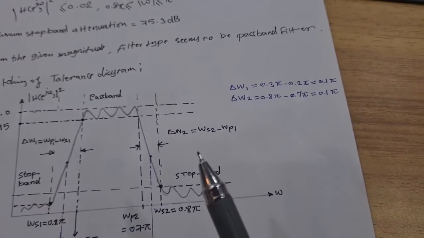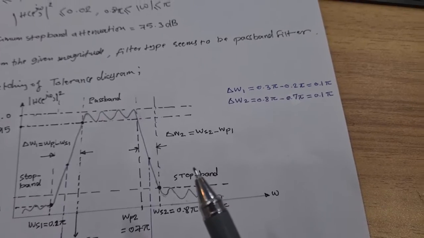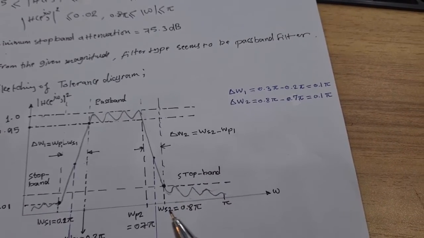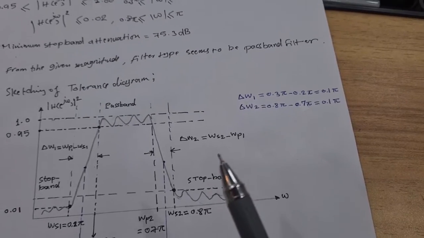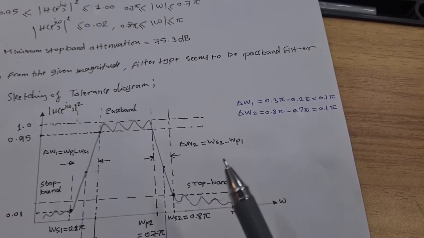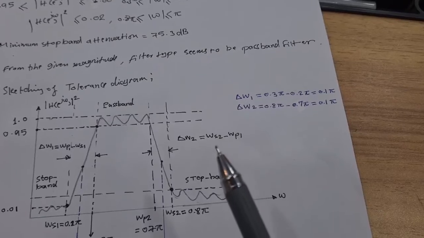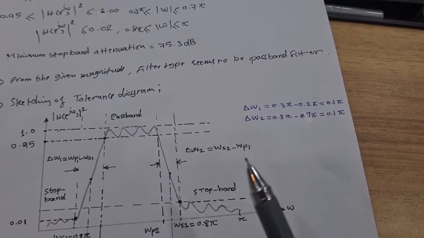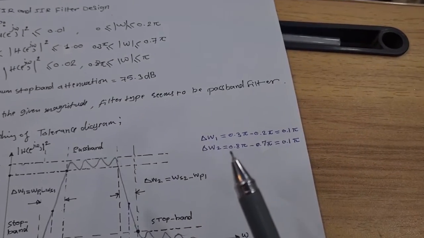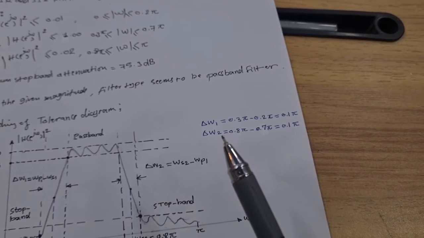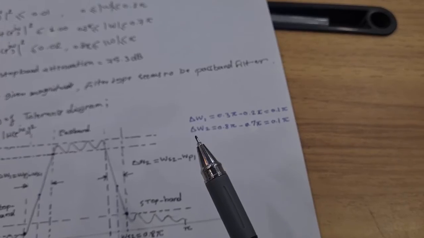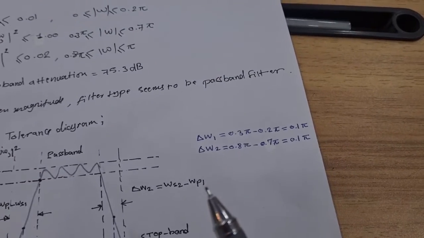Delta W2 is also the difference between the higher pass and higher stop frequency, WS2 minus WP2, as we have calculated in these two equations.